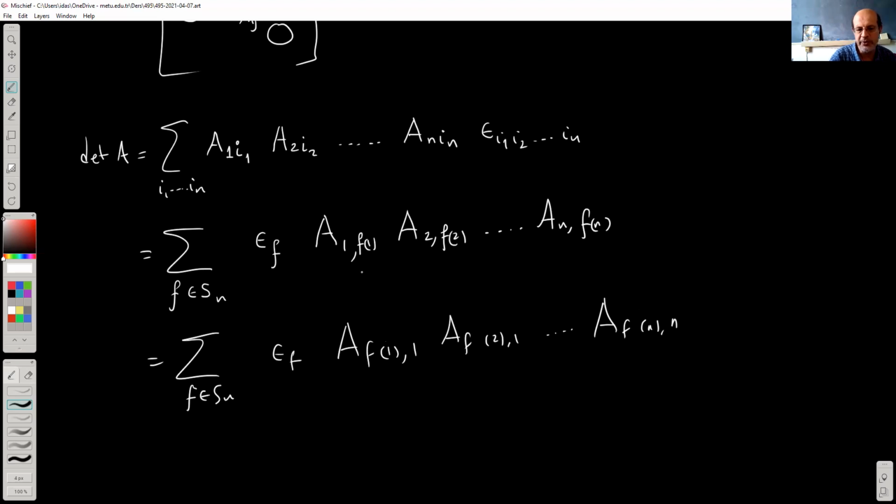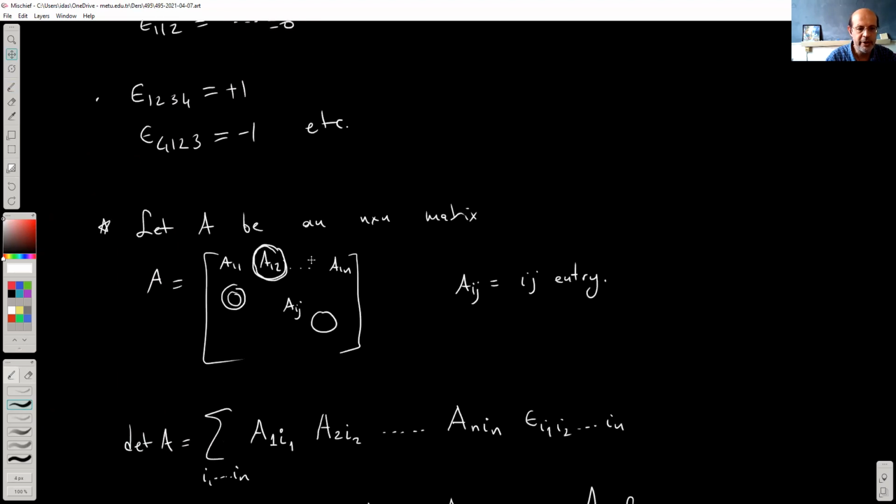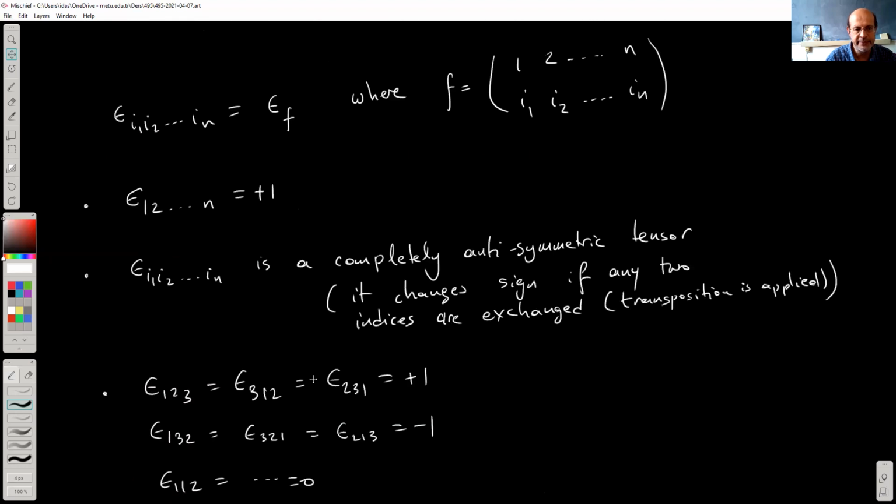This also corresponds to the fact that a matrix and the transpose of the matrix have the same determinant, okay? Whatever, so this is some extra information. So if you are confused about this, just forget about it. It has nothing to do with our course. I just wanted to mention this since we have mentioned the Levi-Civita tensor.